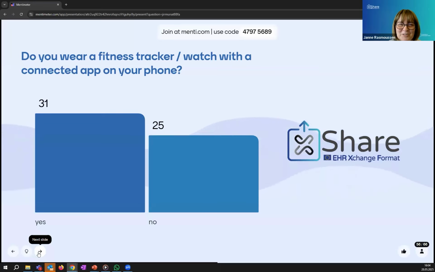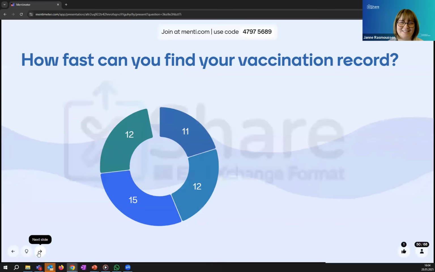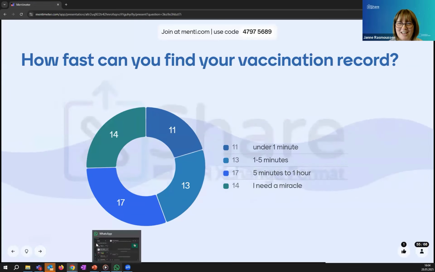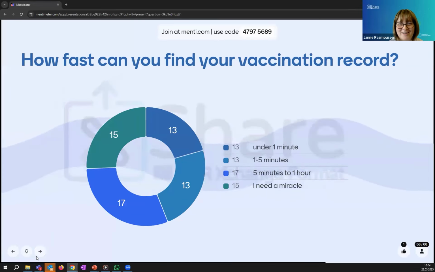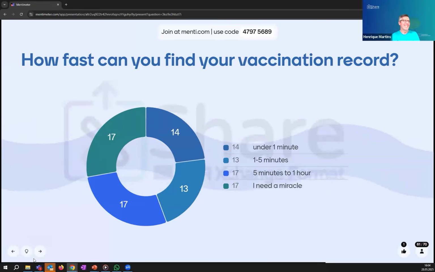This is interesting. We're having almost not quite a 50-50, but I see I'm not the only one not actually wearing a fitness tracker or having yet. So excellent. Thank you, everybody. Vaccination record. This will be very interesting, I think, to see. I'm really looking at the I Need a Miracle one. That will hopefully change. So, interesting to see.